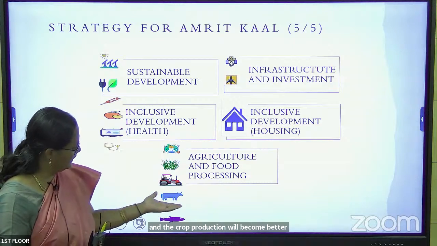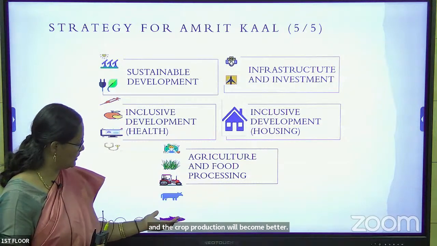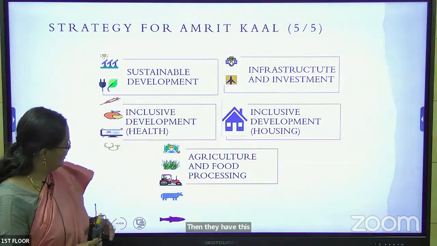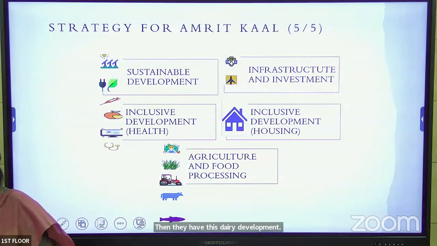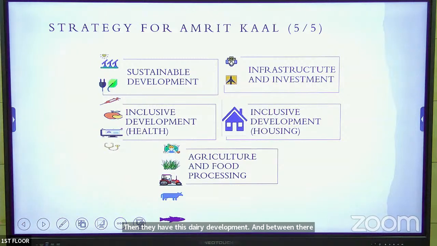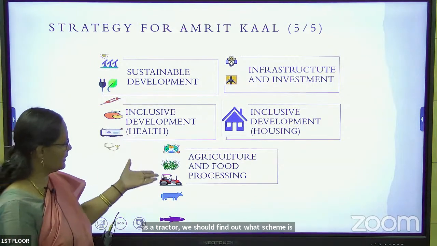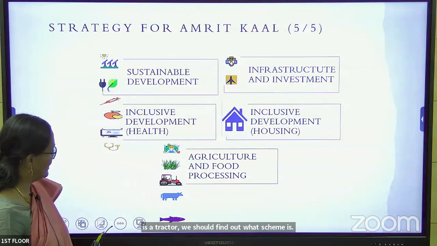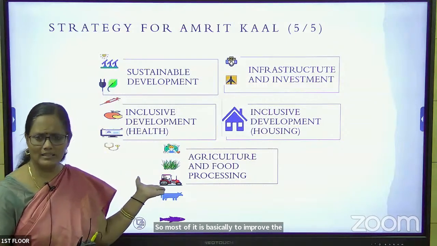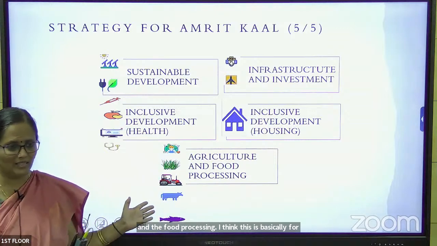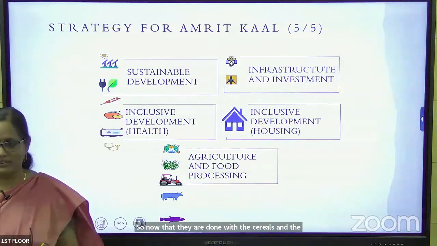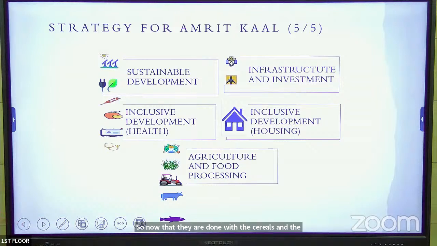Then they have this dairy development, Matsya Sampada Yojana and all. And in between there is a tractor. We should find out what scheme that is. So most of it is basically to improve the agriculture and the food processing. I think this is basically for the oil seeds promotion. So now that they are done with the cereals and the pulses, they are focusing upon the oil seeds.